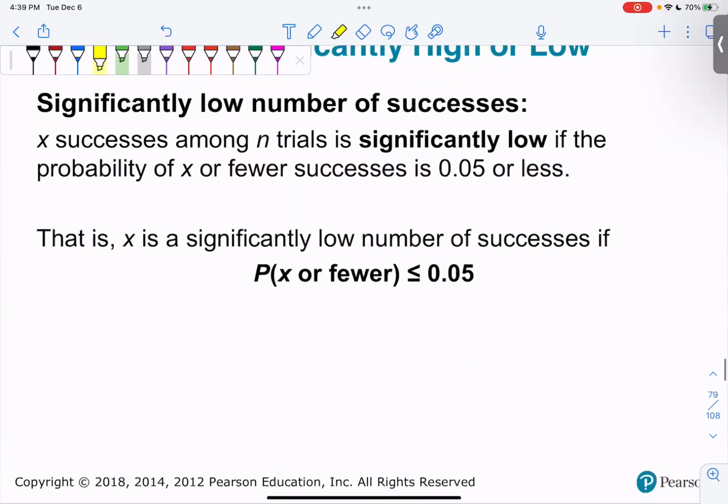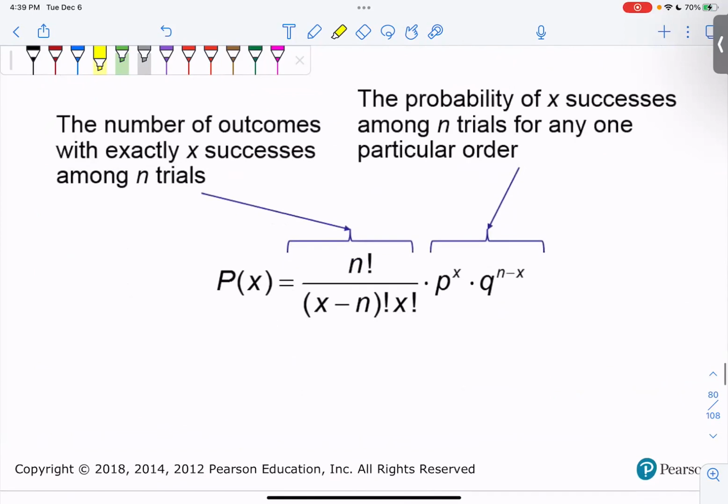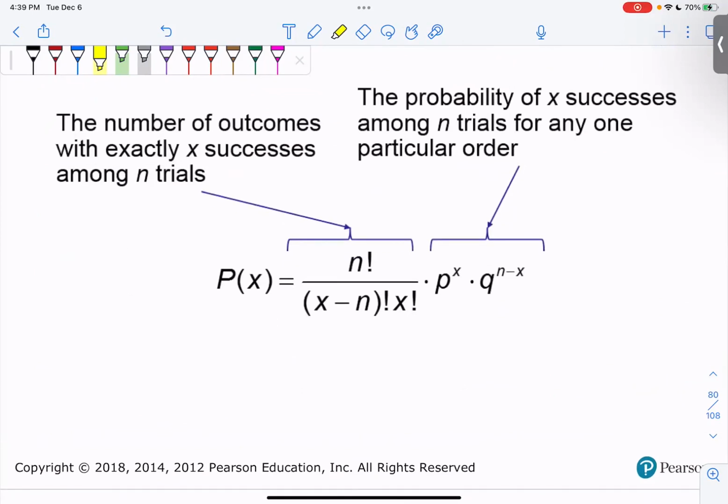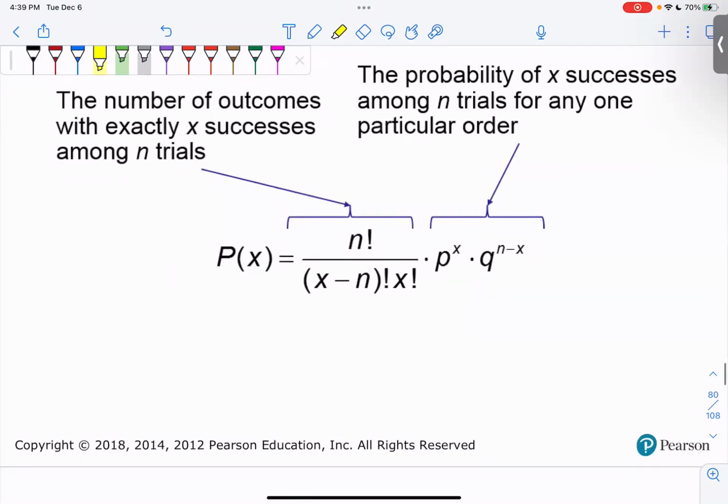And the same for the low: x is a significantly low number of successes if the probability of x or fewer successes is less than or equal to 0.05.